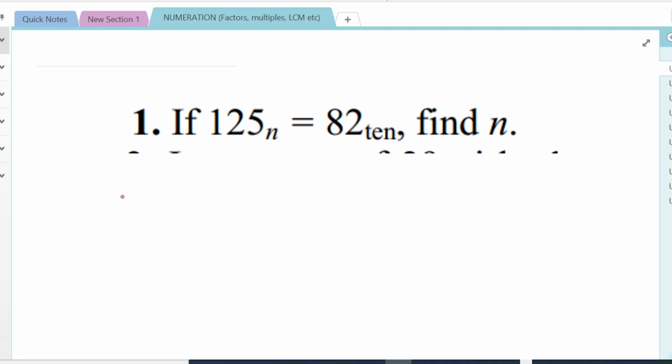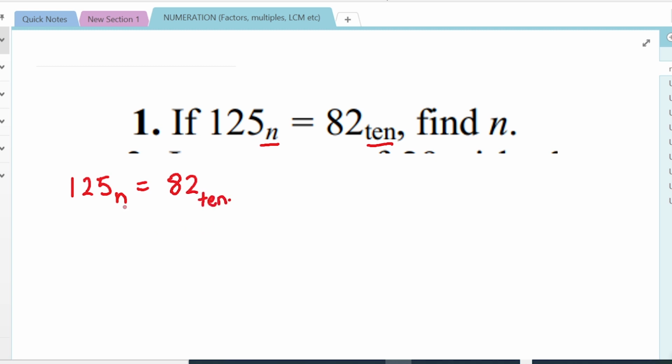So this is a number adopted from an examination past paper question. To be precise, this is number 1 of UNEB 2010, paper 1. So they are saying that if 125 base n is equal to 82 base 10, find the value of n. So let me rewrite this here. 125 base n is going to be equal to 82 base 10.